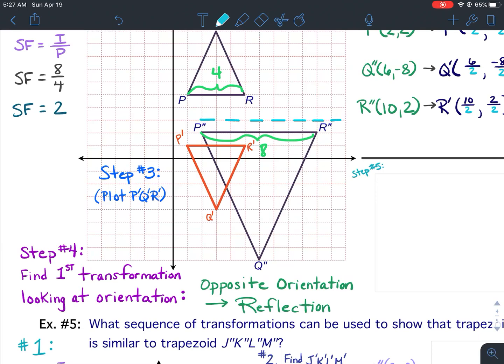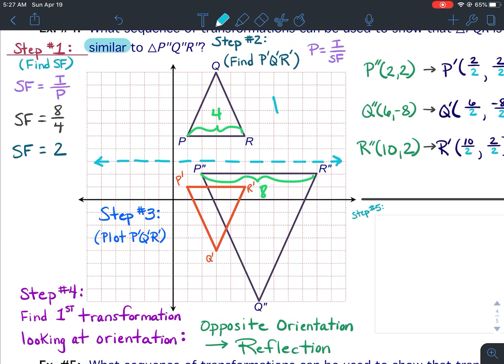Doesn't have to be perfect, just draw a dotted line. Again, this is our line of reflection. All right, so it's a horizontal line. Where would it cross the y-axis? Well, it would cross the y-axis at that point right there, which would be positive 3. So our line of reflection is y equals 3.